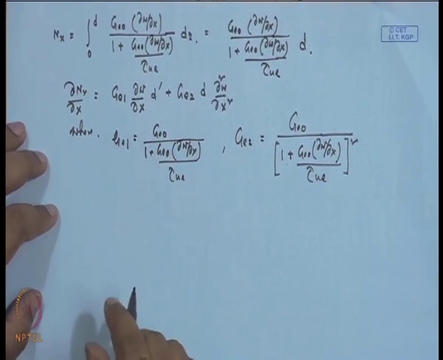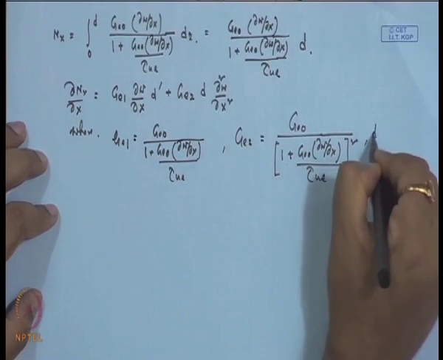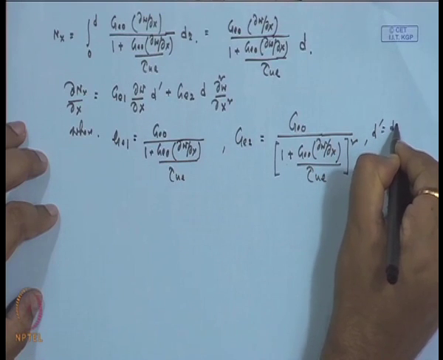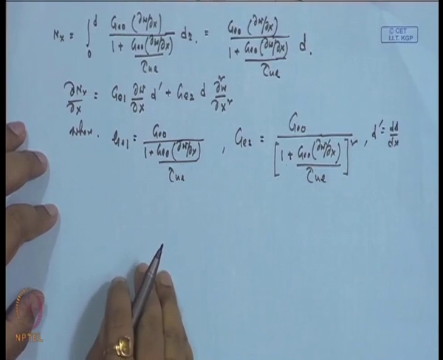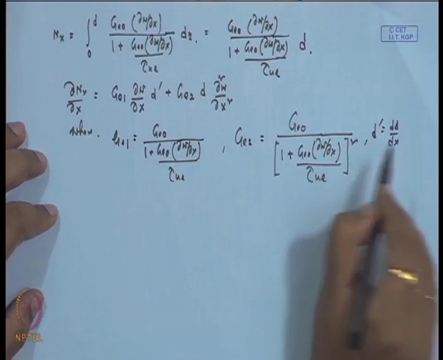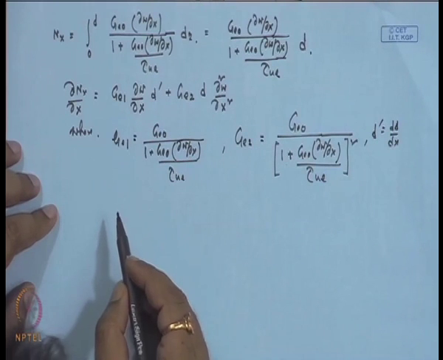So, we will get in this form where d dash is nothing but dd by dx, the rate of change of this d with respect to x.